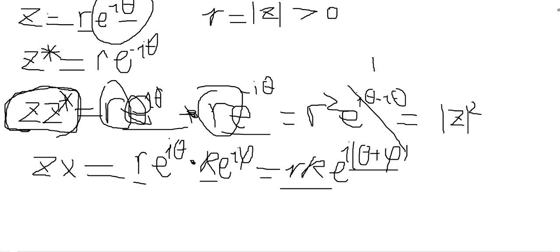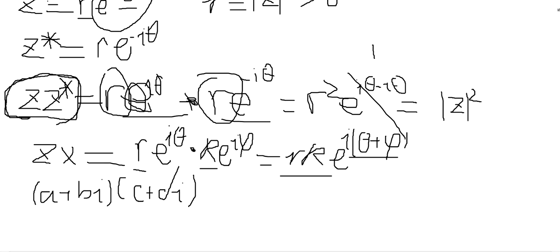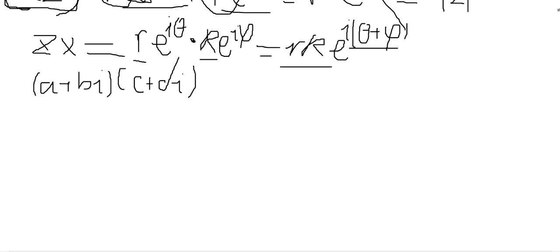This only takes you about 1 second, but when you do the Cartesian form, like a plus bi times c plus di, I think it takes you more than 1 second. When you are performing more complicated multiplications, using the exponential form is a shortcut. The division also has a similar pattern.